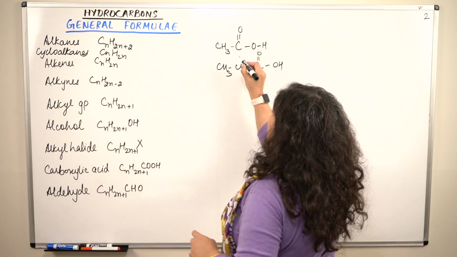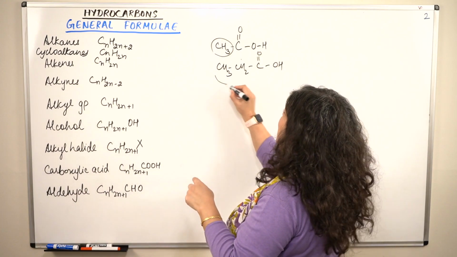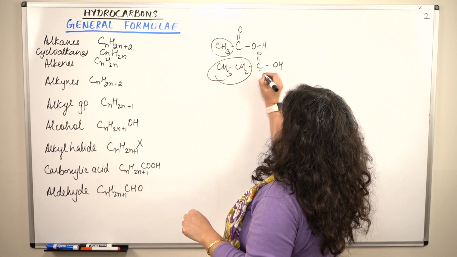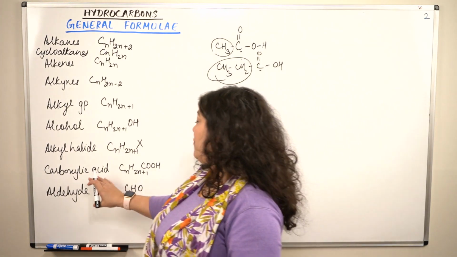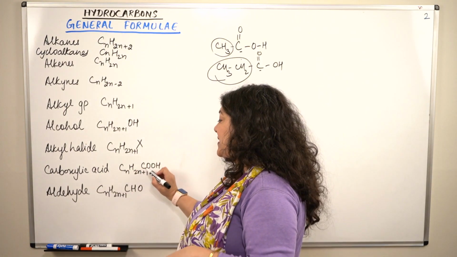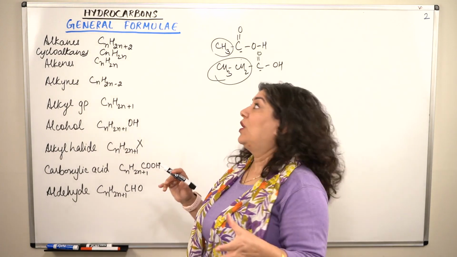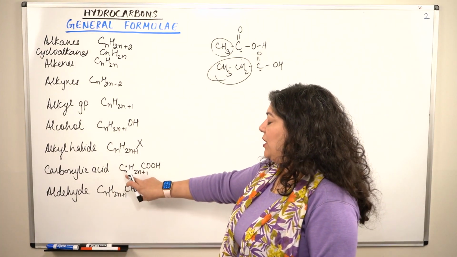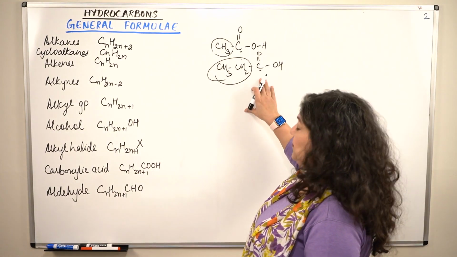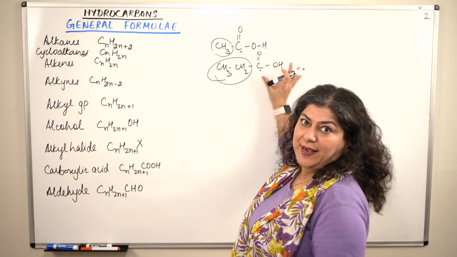If you look at this, CH3 is a methyl group, right? This is an ethyl group. But since the functional group already has this carbon, when we are writing the general formula of a carboxylic acid, we write the C here. But this is always the first carbon of the hydrocarbon, right? So if this has an ethyl group, we will not call this ethanoic acid.